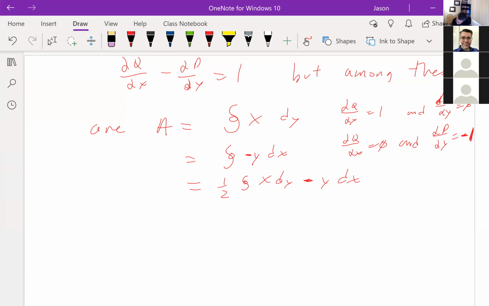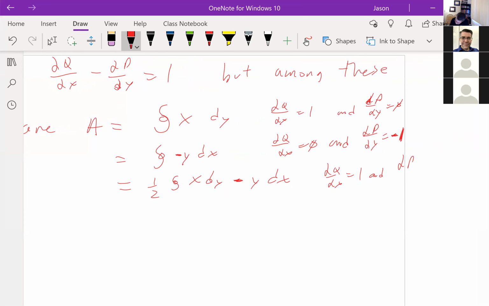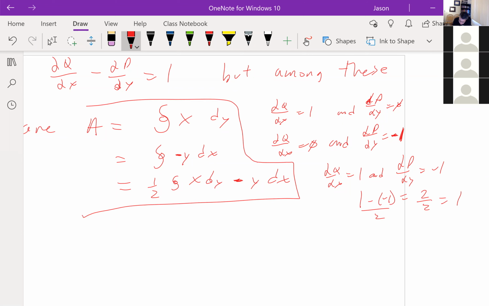Since dq dx equals 1 and dp dy equals negative 1, then you get 1 minus negative 1, which is equal to 2 over 2, which is 1. So it all comes out to 1 in the end. Once again, these are the three relationships.